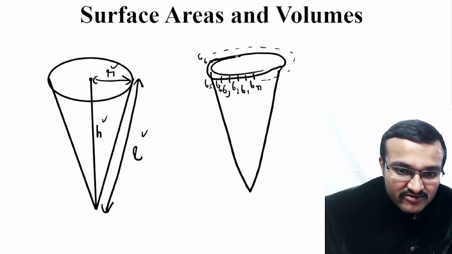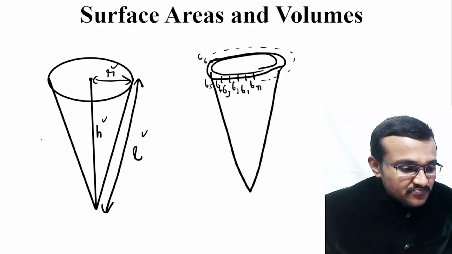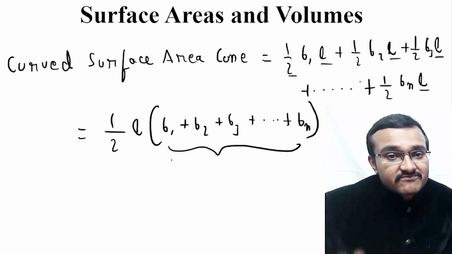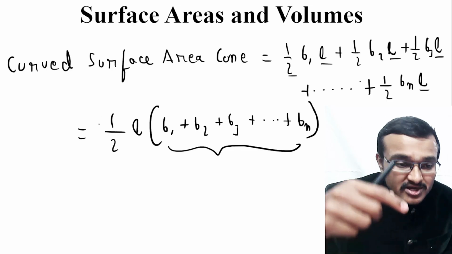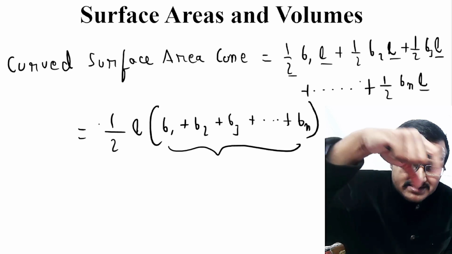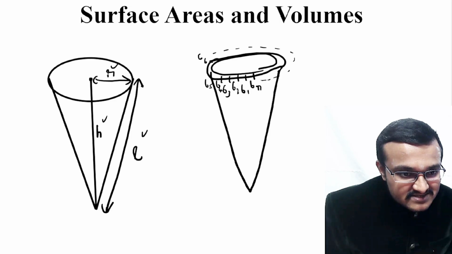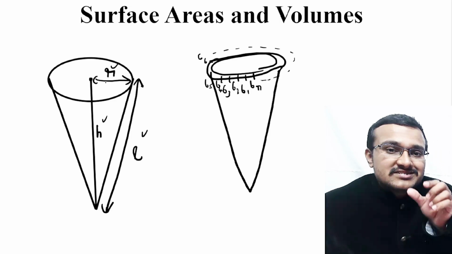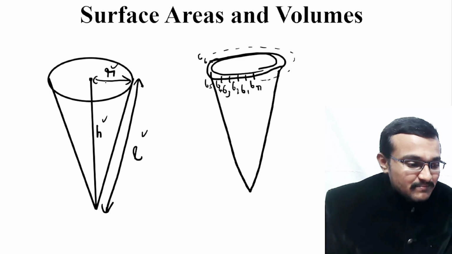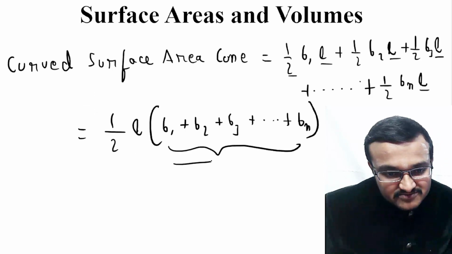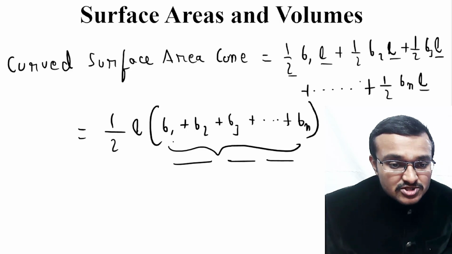So basically we are covering the circumference of the circle which is there on top of the cone. If we consider the radius of that circle on top of the cone as r, you can straight away take the circumference of the circle in place of B1 plus B2 plus B3 plus B4 up to Bn.